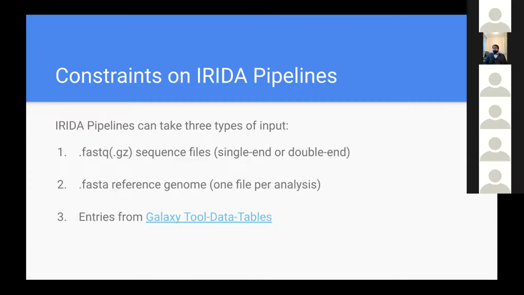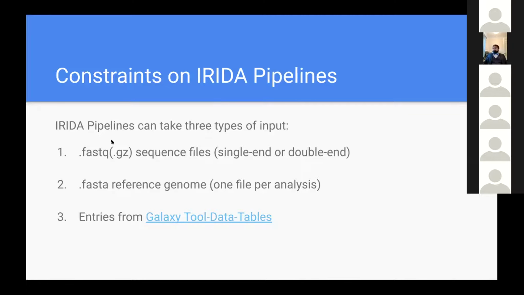I believe there are some plans to move to a system where you can start from assemblies, but that's something the irida core developers could talk about in more detail. I think a common question is, if every analysis pipeline starts from FASTQ files, then you're going to end up doing a lot of assemblies along the way in your analyses.